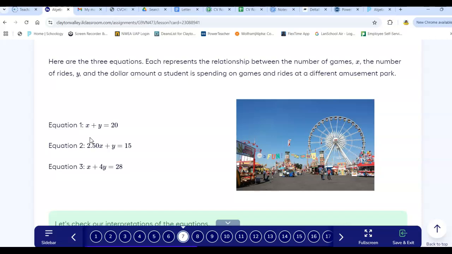It would. Okay. So this X wouldn't be here. So if they didn't play any games, then all we have to do is deal with the rides. So we've got 3 choices. Well, Mrs. Heinzman, I'm going to pick this one, equation 2. Okay, so if I don't pick any games, then I can go on 15 rides.